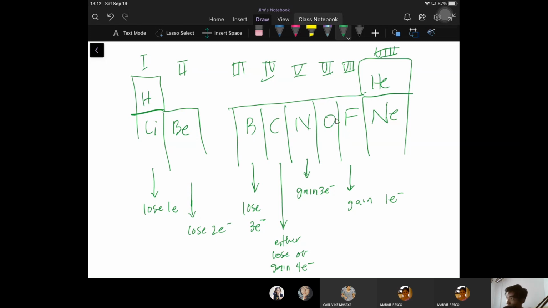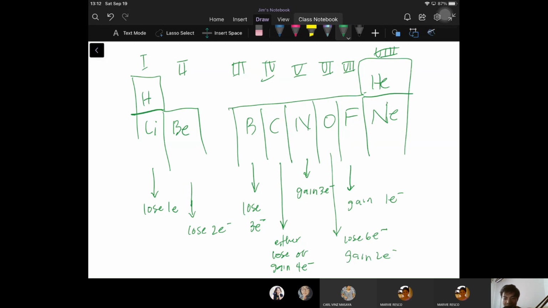Oxygen family, yung group 6 natin. So, bilangin natin. Kung gusto niya maging helium, ilang steps? 1, 2, 3, 4, 5, 6. So, pwede siya mag-lose ng 6 electrons or pag gusto niya maging neon, bilangin natin kung ilang steps na lang. 1, 2. Mag-gain ng 2 electrons.